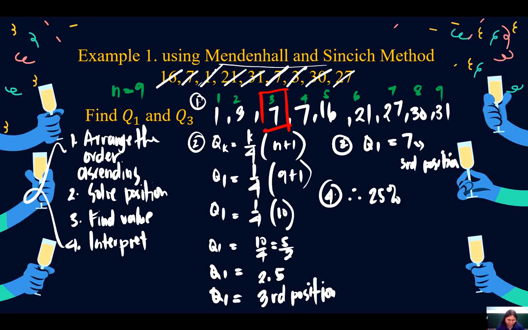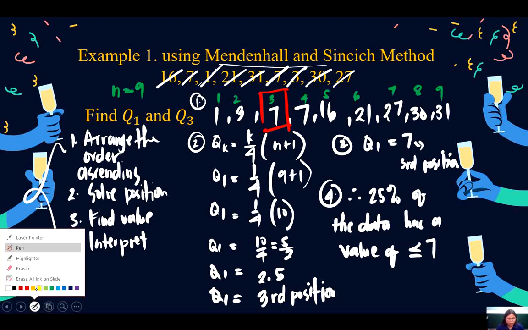We can say that 25% of the data has a value of less than or equal to 7. Okay? Ma'am Alea, bakit equal siya dyan?